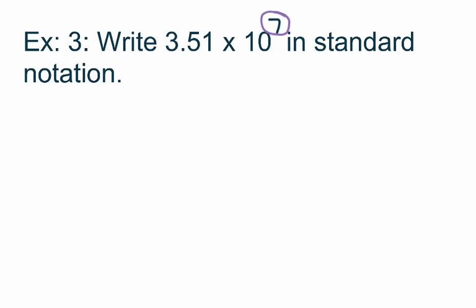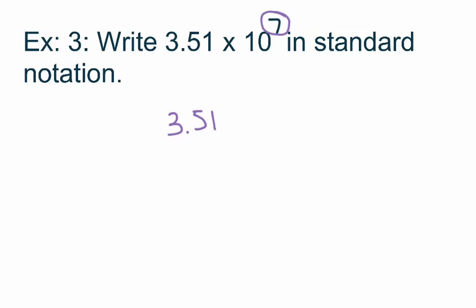Now, in order to convert this number, 3.51 times 10 to the 7th power, we're going to write that first part down, 3.51. And now we ask ourselves, if this number is supposed to be a very large number, and we're going to make our ocean waves again, which way do we want to make our ocean waves go?